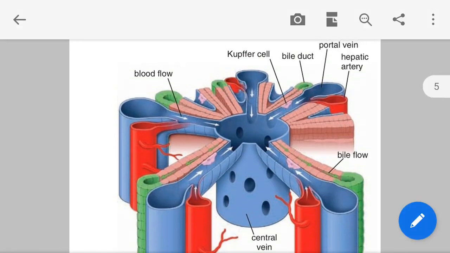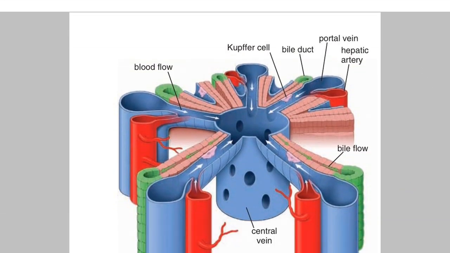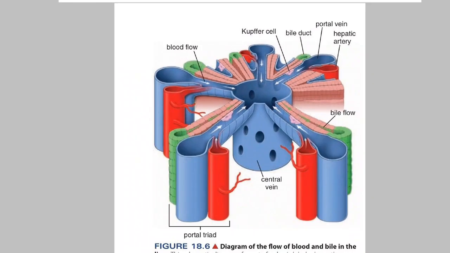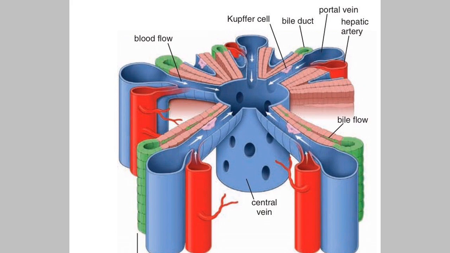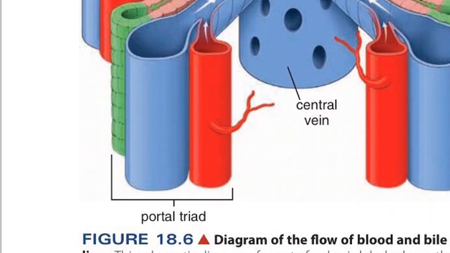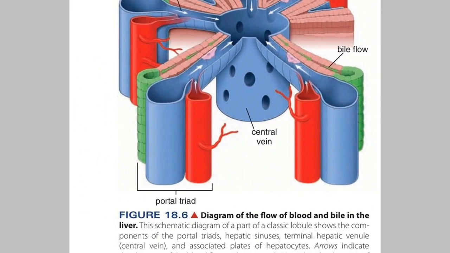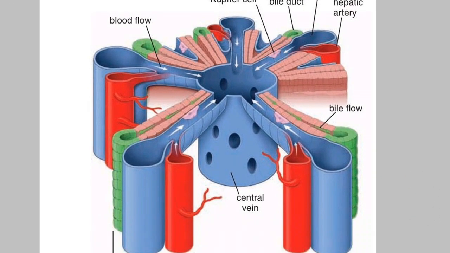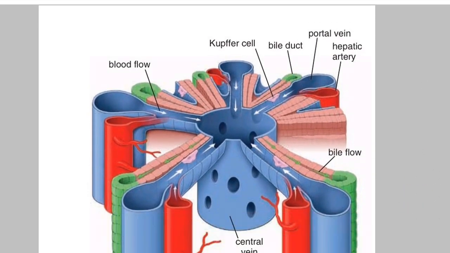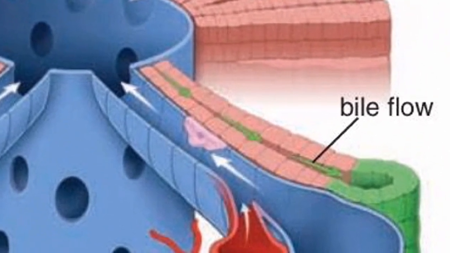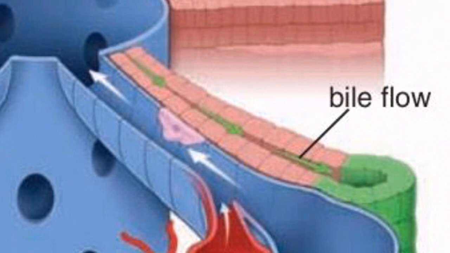Then this figure is also a very informative figure. Here the portal triad is shown, and with the white arrow the direction of the blood flow is shown, and with the green color they are showing the direction of flow of the bile.